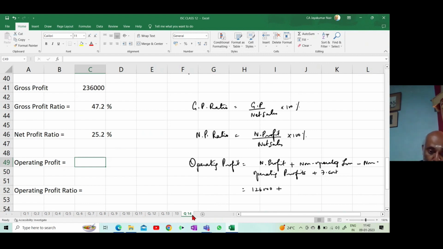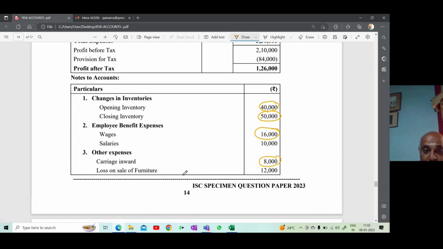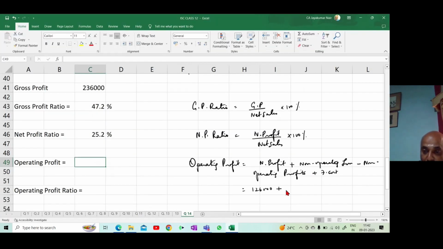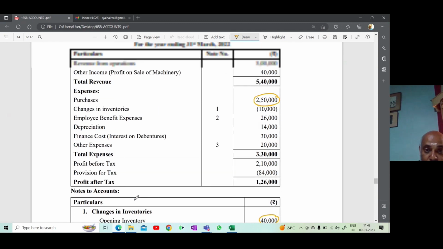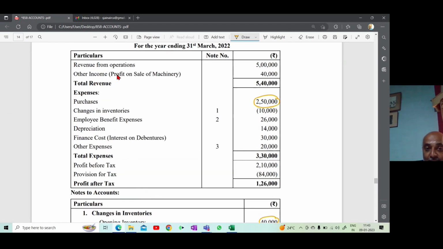Non-operating loss is your loss that is charged here. For example, loss on sale of furniture is non-operating loss. It is not from the sale of goods. It is the sale of an asset. Therefore, this loss you have to add back. And if there is any profit which is credited to profit and loss account, we have to deduct it. They say other income. This is profit on sale of machinery.